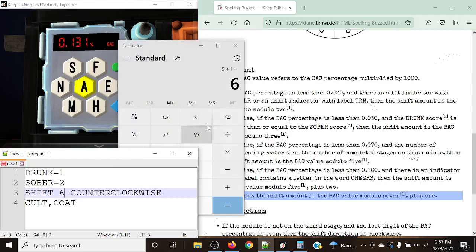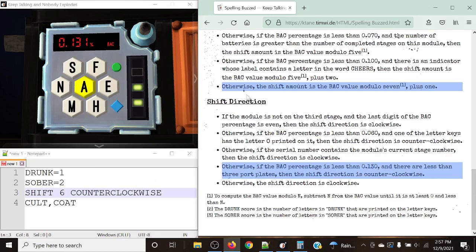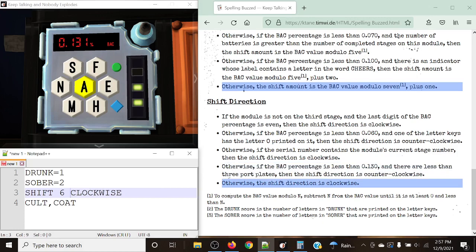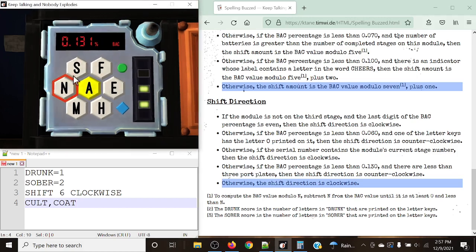Now, of course, it could be counterclockwise or clockwise, so let's figure that out. The BAC percentage is no longer less than 0.13. Unfortunately not. It's literally just right over it. So now the shifting direction is going to be clockwise. Now, if my memory is indeed correct, we simply got the exact same grid from the first stage.